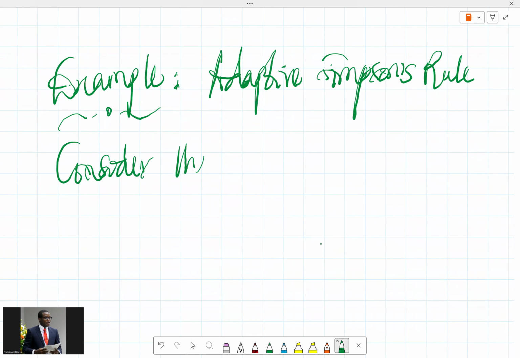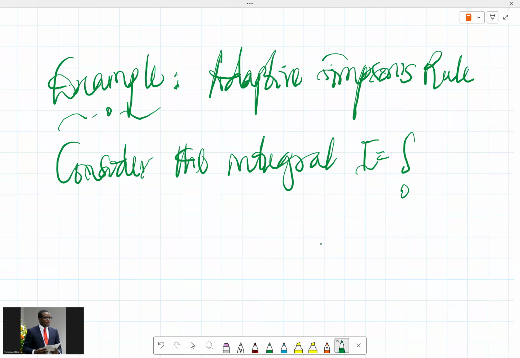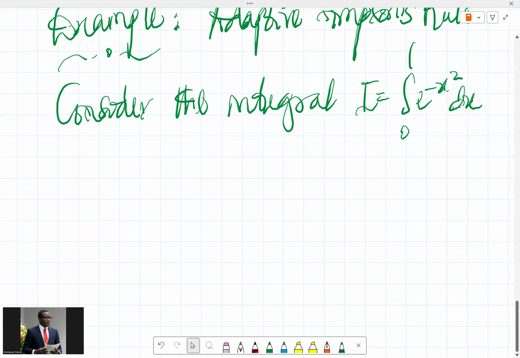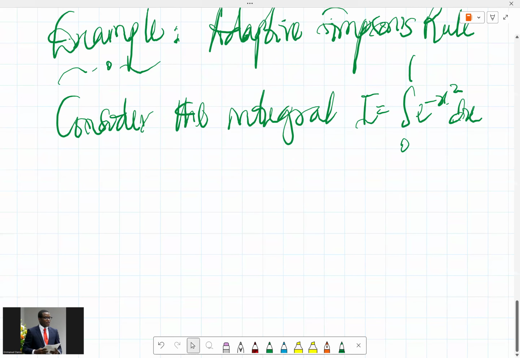So consider the integral I equals the integral from 0 to 1 of e raised to the power minus x squared dx. Okay, because I think that has an easy exact solution.